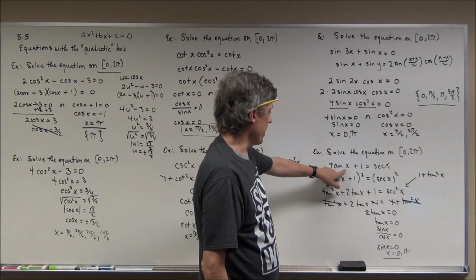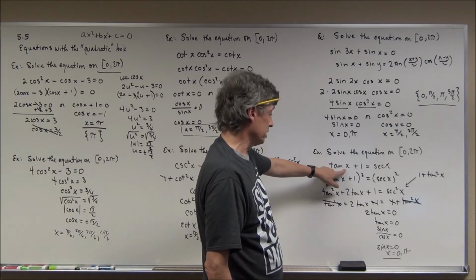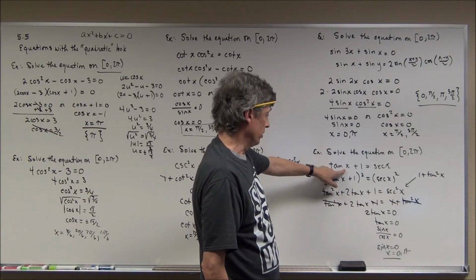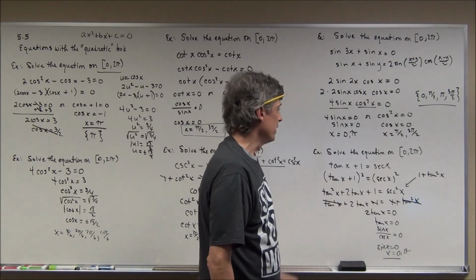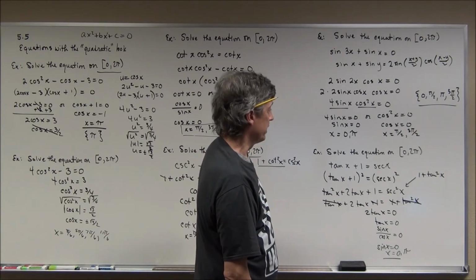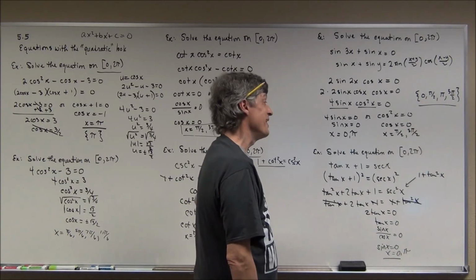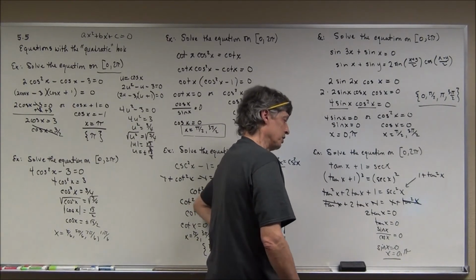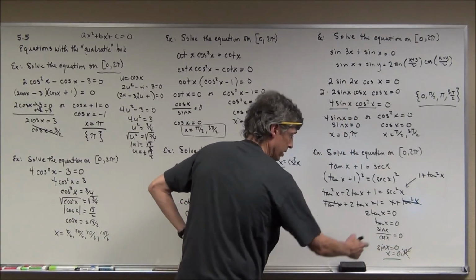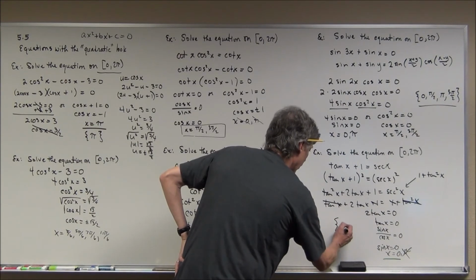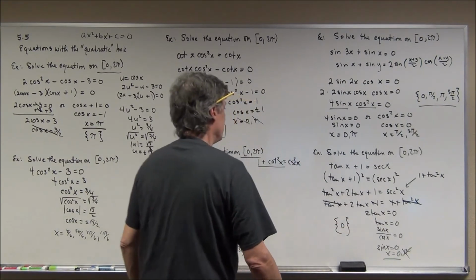The tangent of pi is 0, because it's the sine of pi over the cosine of pi, 0 over -1. Plus 1 is 1, the left side is 1. If I plug pi over here, the secant of pi is 1 over the cosine of pi, which would be 1 over -1, which is -1. 1 does not equal -1. I get to throw that out. My answer is 0, or the solution set contains 0.